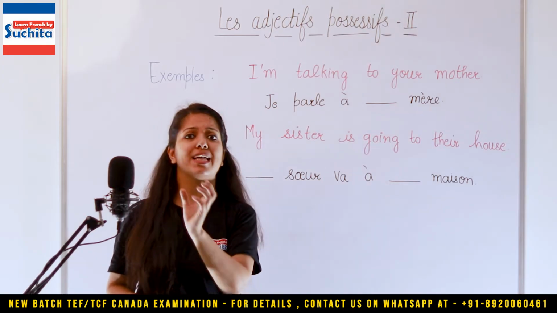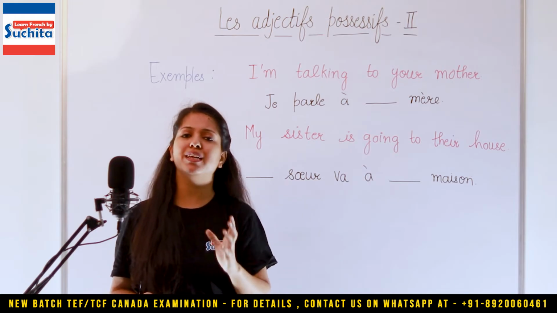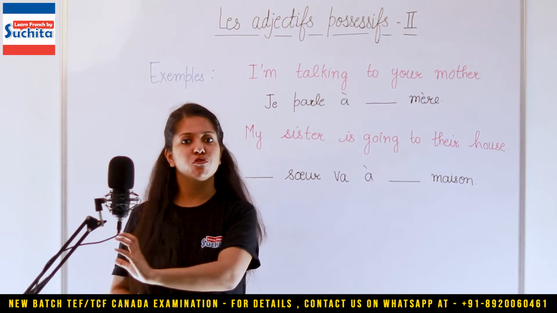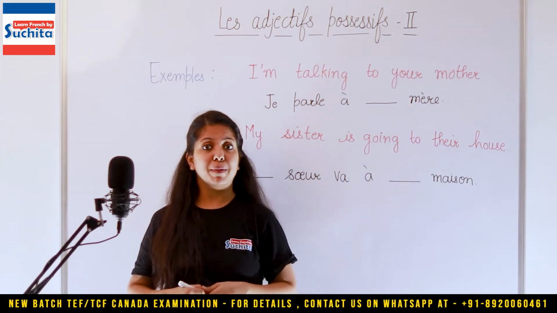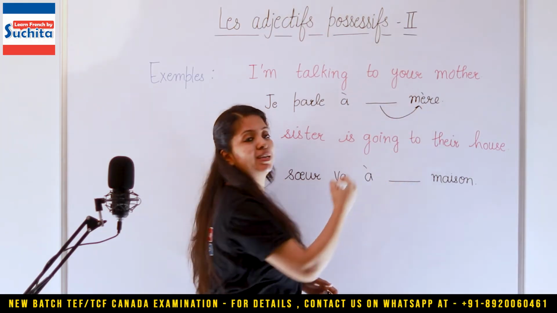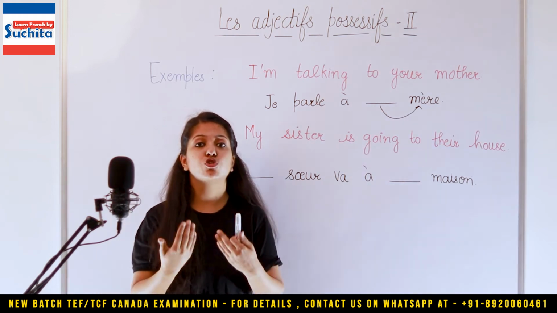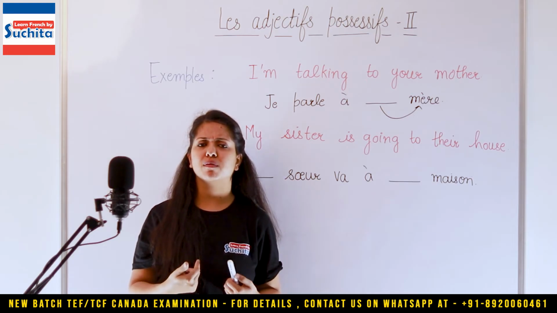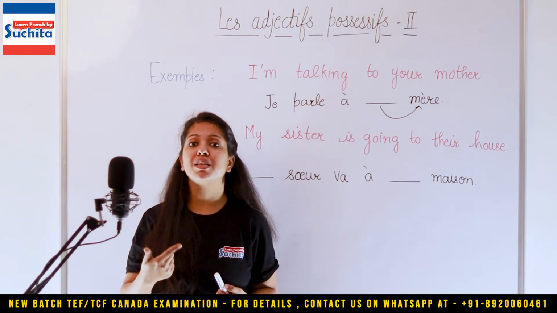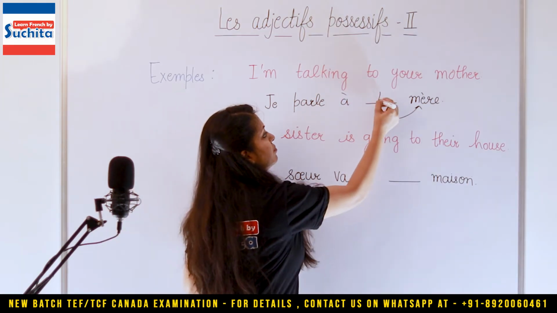We are selecting the informal one. However, if you want to say it formally, then it would be votre, vos. So let's talk about ton, ta, tes, dependent upon the word next to the dash, and that is mère. You want to say, I'm talking to your mother. Je parle à ton mère, ta mère, tes mères? Mère, that's féminin singulier. So you say, je parle à ta mère.